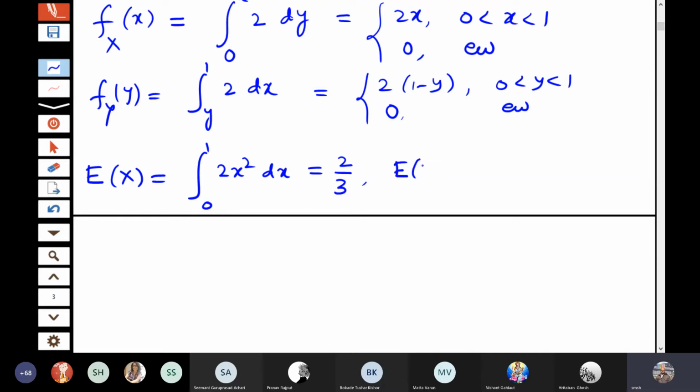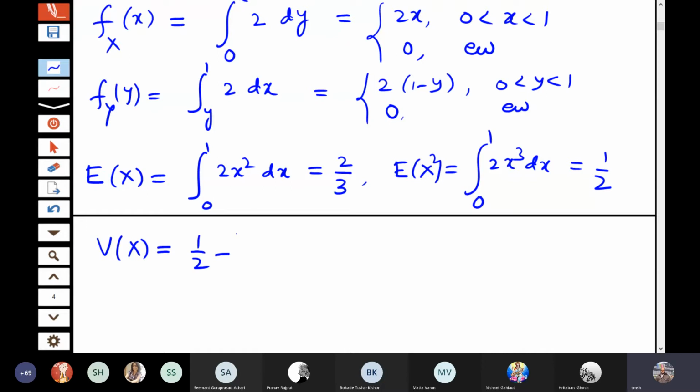What is expectation of x square? That is 2x cube dx from 0 to 1. That will give me half. So what is the variance of x? That is expectation of x square minus expectation of x whole square, that is 1 by 18.